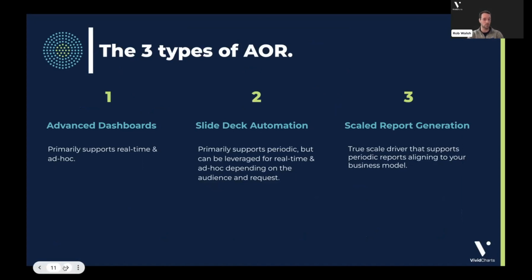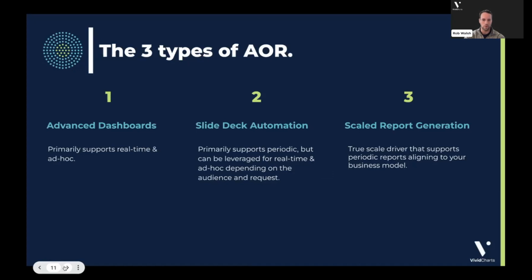Your advanced dashboards for the real-time and ad hoc report types, the slide deck automation for your periodic reports, and then your scaled report generation that add an additional layer of scale for certain models and business types like managed service providers who need customer reports at scale for maybe hundreds or thousands of customers that they're supporting through their instance. So the 3 types of automated operational reporting that VividCharts powers: advanced dashboards, automated slide decks, and scaled report generation.